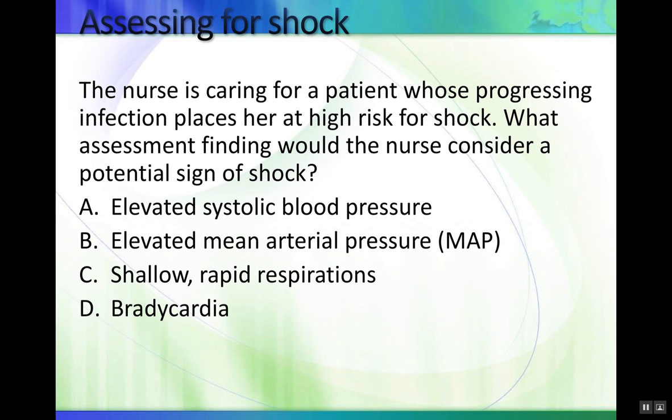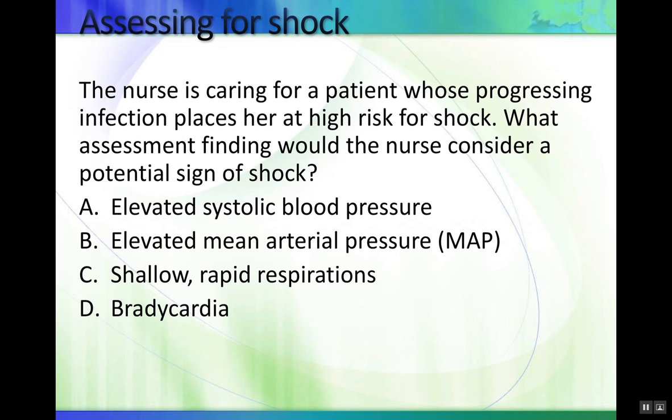The nurse is caring for a patient with a progressing infection that places her at risk for shock. What assessment finding would the nurse consider a potential sign of shock? Again, it's the shallow, rapid respirations. The systolic blood pressure being elevated is actually good, because remember, with shock, it's low. An elevated mean arterial pressure is what we want to see.